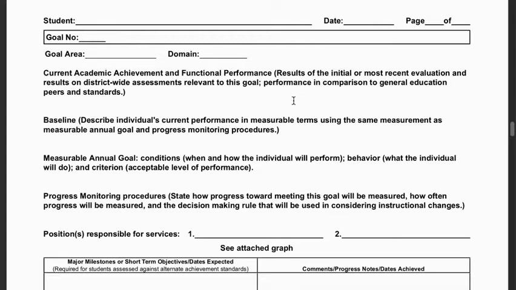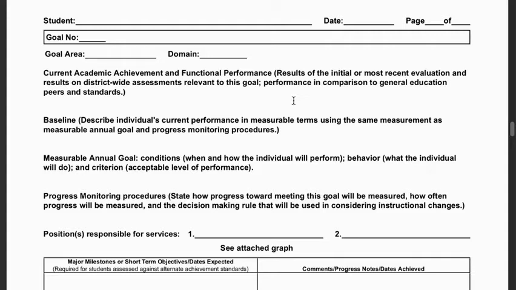The third paragraph then will give you what the Iowa Core says that grade level student should be able to do. And then there will be a blurb about how this will affect their education in the general education classroom.